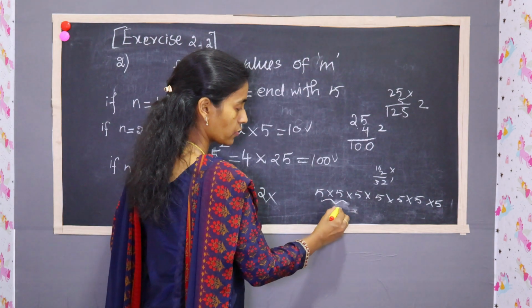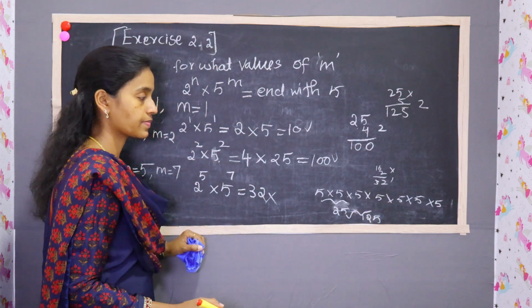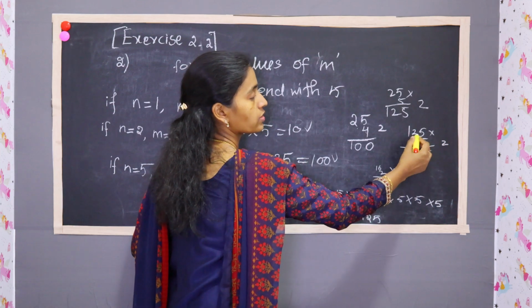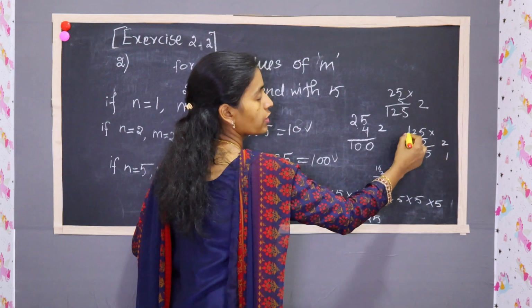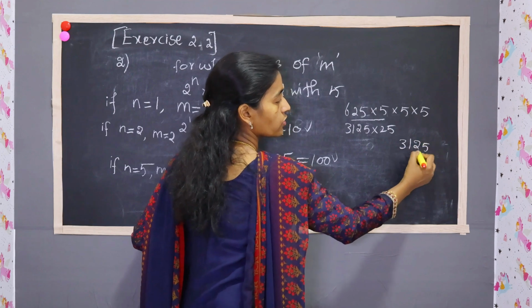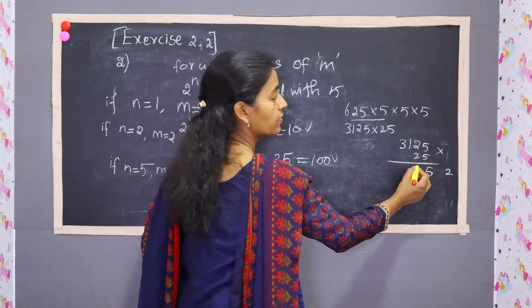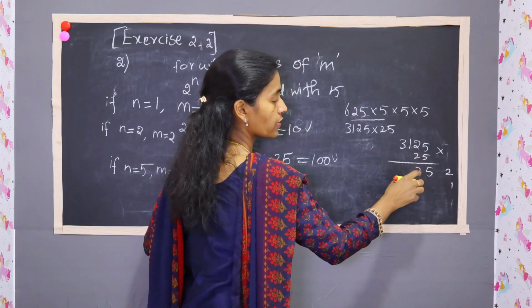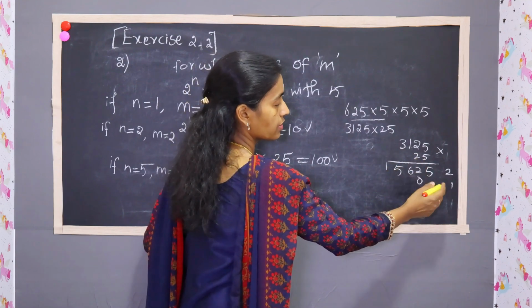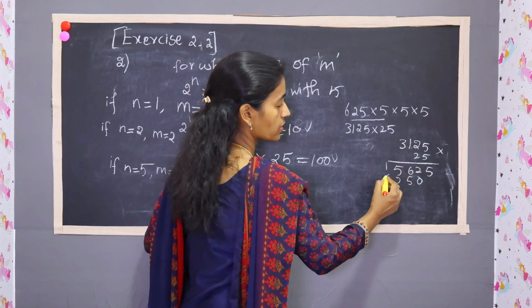5 into 5, 25. Then 25 into 5, 125. Then 125 into 5 again, we get 625. 625 into 5, 3,125. Then 3,125 into 25.